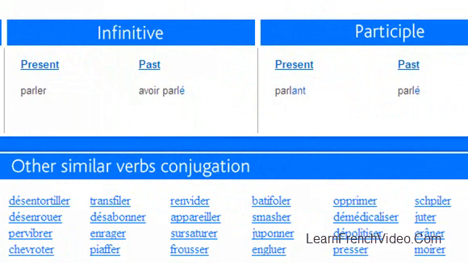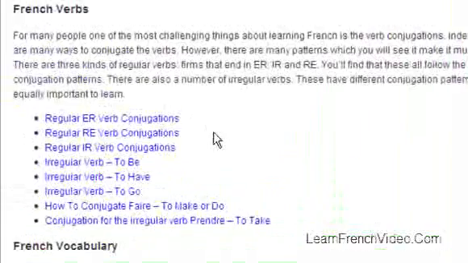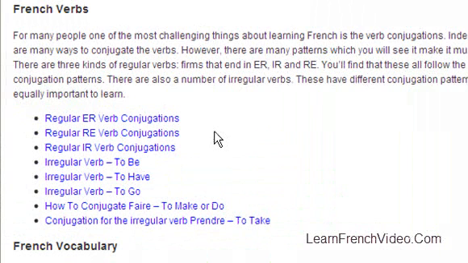Now, moving along here, what I'm going to do is just show you that on my site, I have made lists of common ER, IR, and RE verbs in the present tense. So if we come to learnfrenchvideo.com, scroll down the home page, we see ER, RE, and IR conjugations.